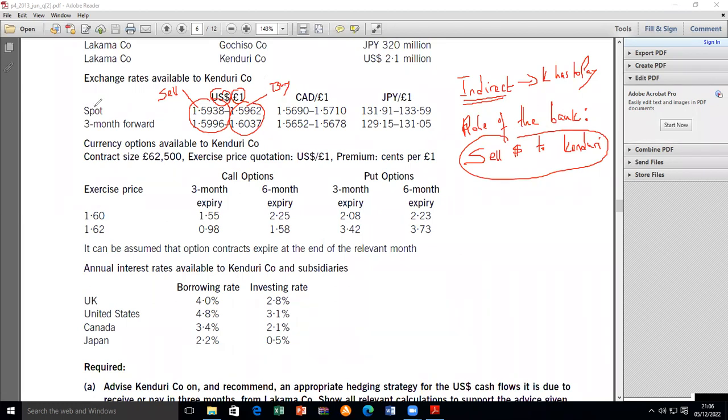So which rates are we interested in? We're interested in this side. So how much are the banks offering on 3 months?